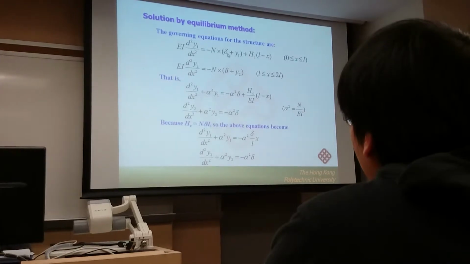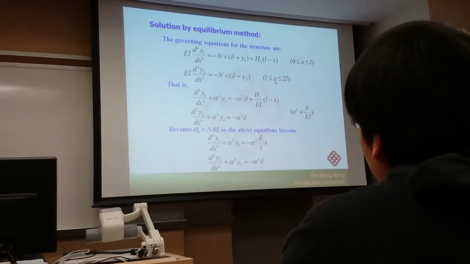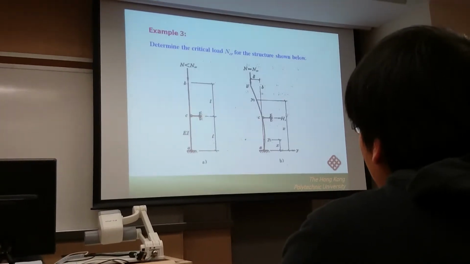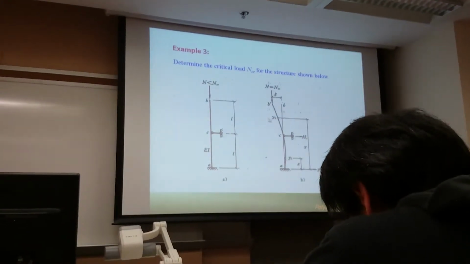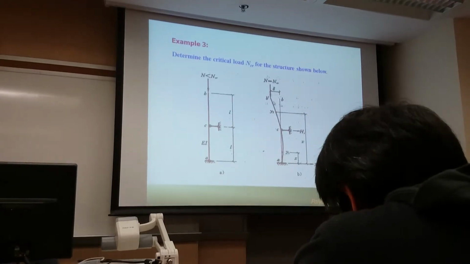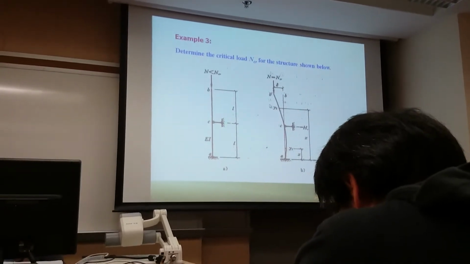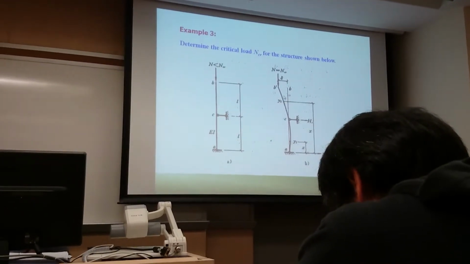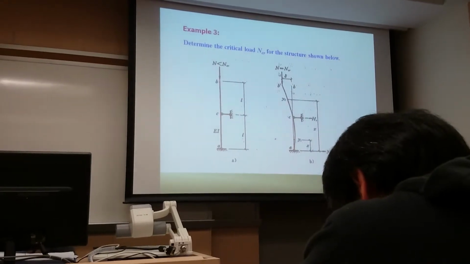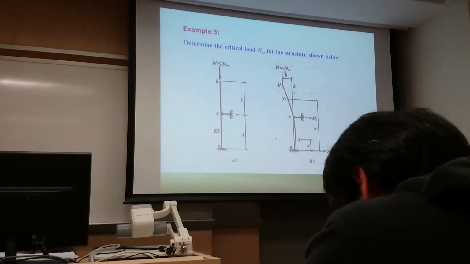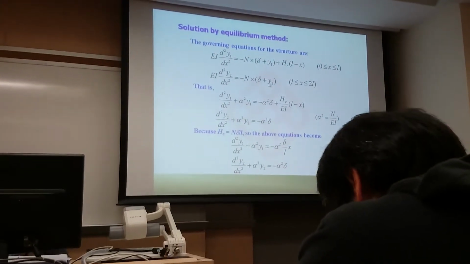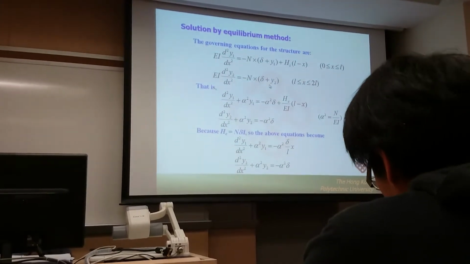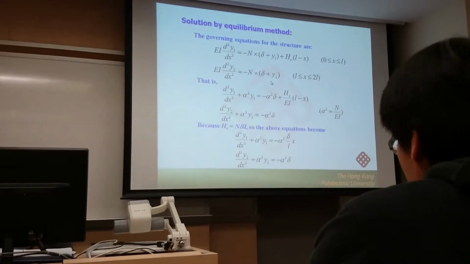So here we have two terms. But when x is between a and 2a, we cut off this section, and again we take the segment above this section as a free body. In that case, we just have one force, so here we only have one term. This is the difference.